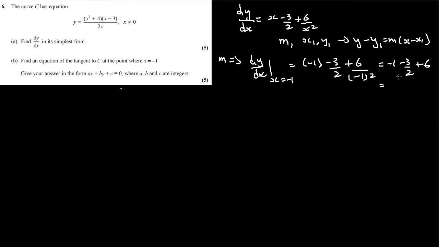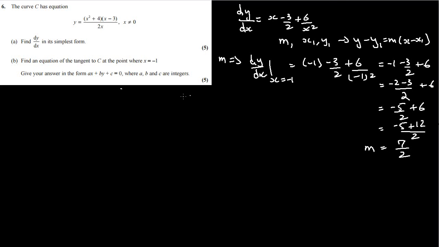If I take the LCM, this becomes minus 2 minus 3 over 2 plus 6, which is minus 5 over 2 plus 6, and I can further simplify this as minus 5 plus 12 over 2, so 7 over 2. That is my gradient m.